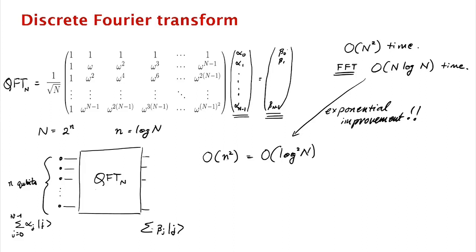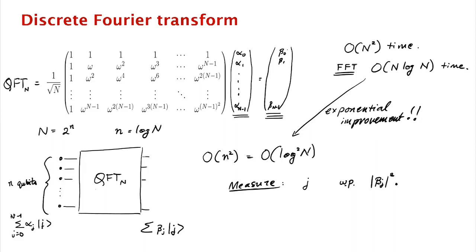But that's the private world of nature. That's in the superposition. You don't get to see these complex amplitudes beta naught through beta n minus 1. So what do you actually get to see? Well, when you measure, all you get to see is some random j, an index j, with probability beta sub j magnitude squared.